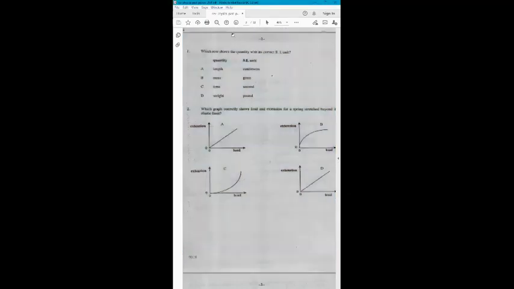So we know that length is not measured in centimeters, but meters, so no. Mass is measured in kilograms, not grams.